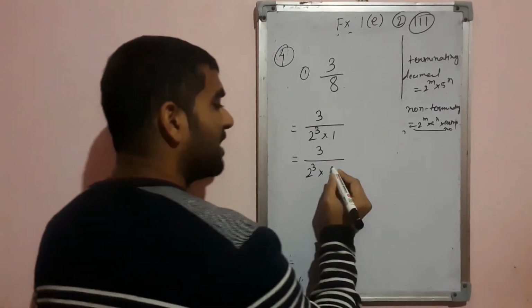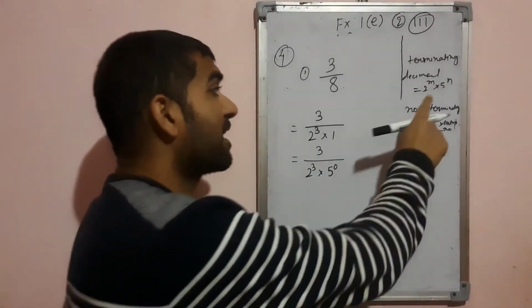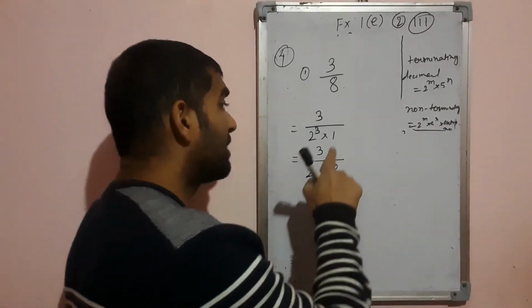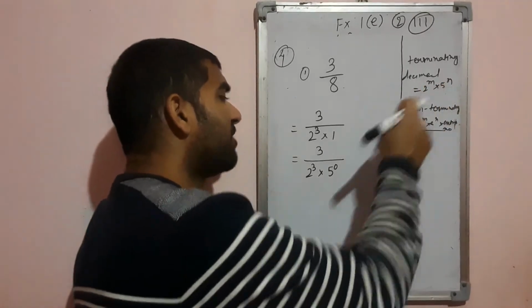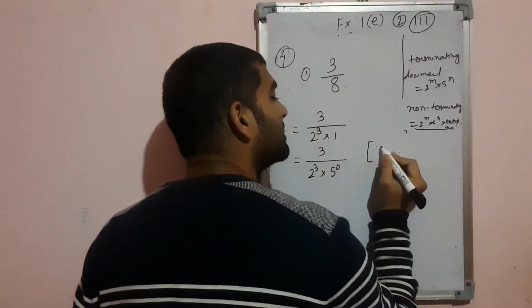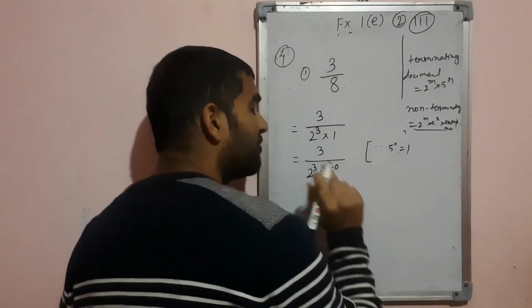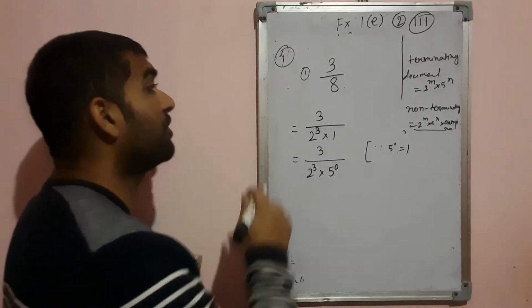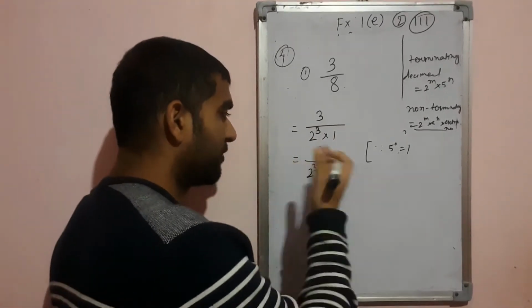Yes, you can put 5 power 0, because you need this form. They are asking to write in the form 2 power m 5 power n. So in place of 1, 5 power 0. You could write 3 power 0, but no, we need this form. That's why 5 power 0, since 5 power 0 is 1. Now we got that form. Now change into decimal.